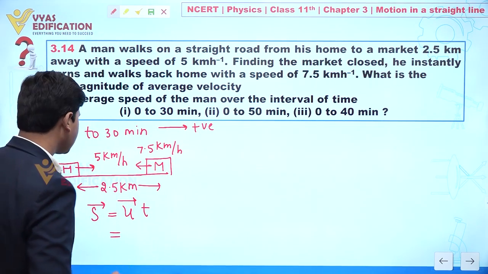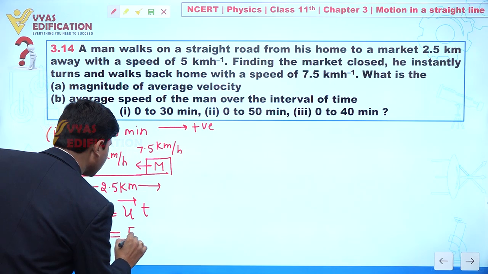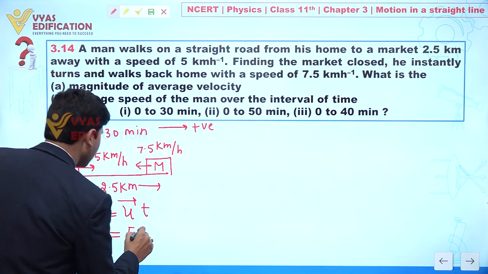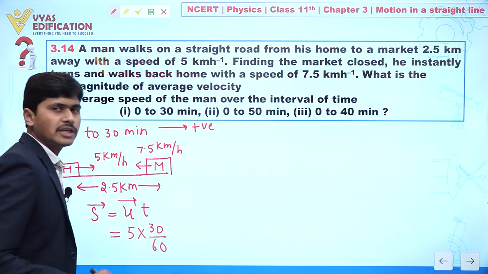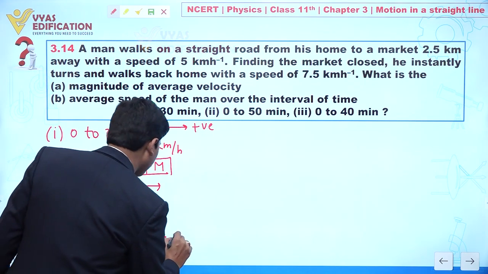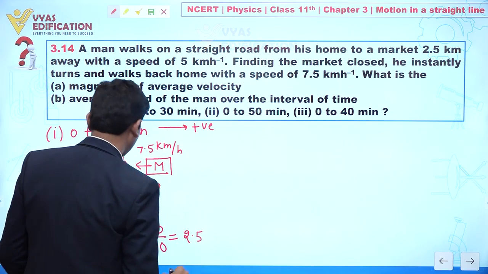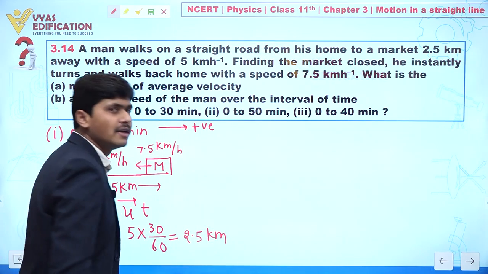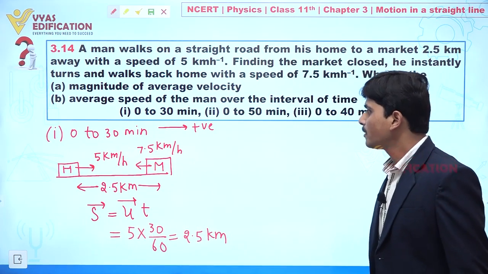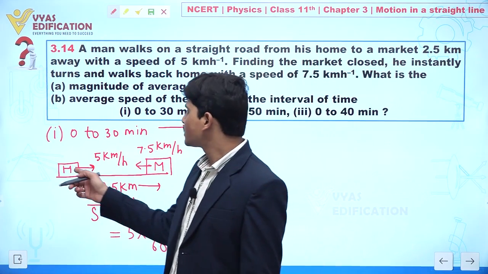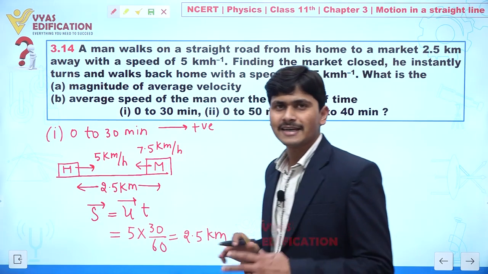So U is 5 km per hour, and total time is 30 minutes, which we can convert into hours by dividing by 60. So from here this is 2.5 km. It means the person covers a displacement of 2.5 km in 30 minutes. It means the person moves from home to market. Clear?